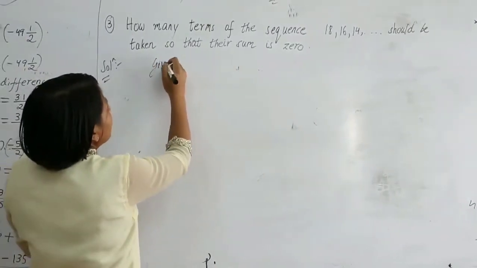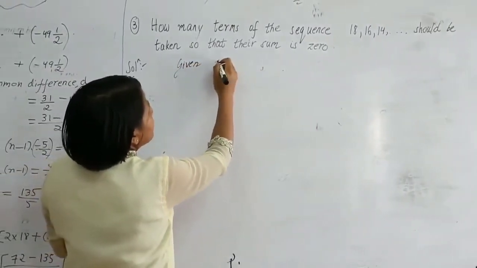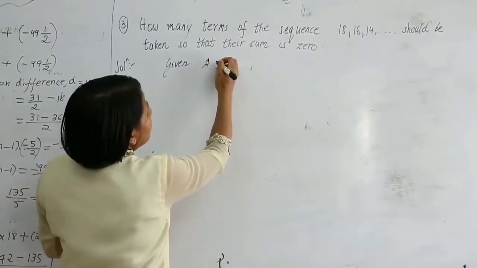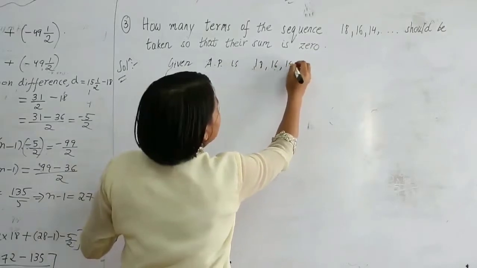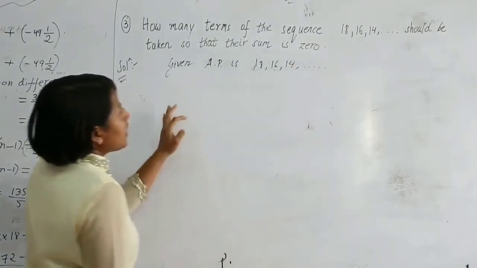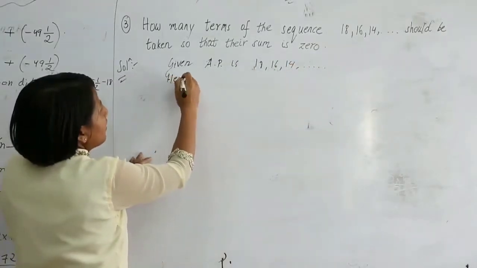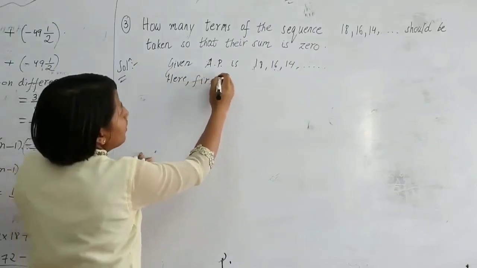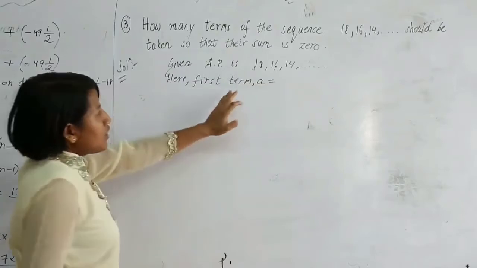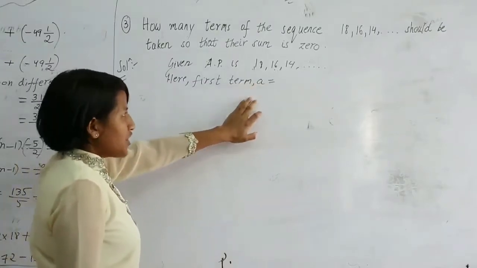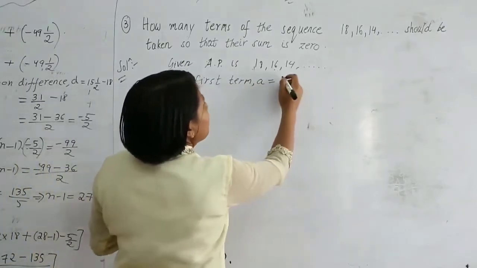So given AP is 18, 16, 14. Okay, and then if it's an AP, then the first term and common difference you have to find out.